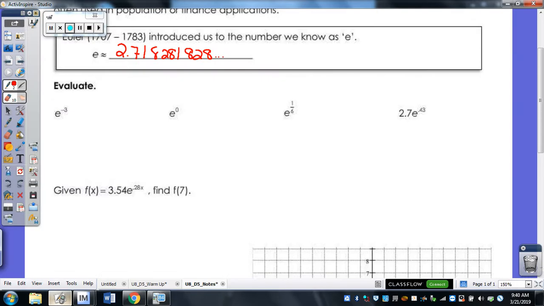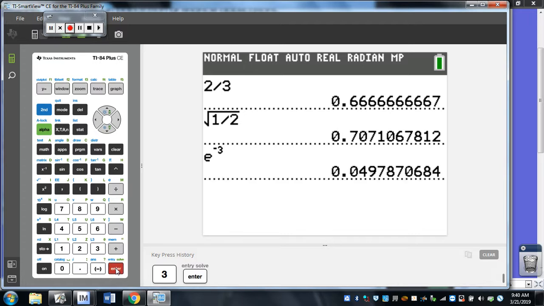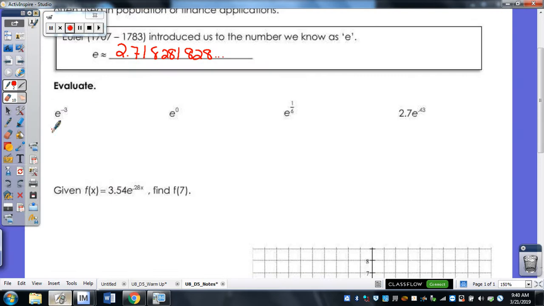So our first one we have to do is e to the negative 3. So I'm going to hit second, and then the ln, and that brings up my e with my little exponent, and then I'm going to type in my negative 3. And that's what we get there: 0.0497870684.